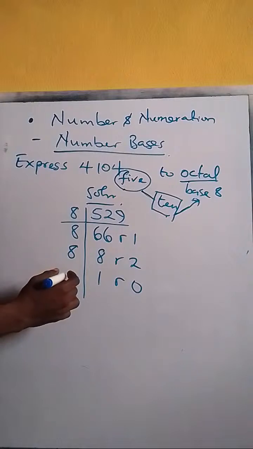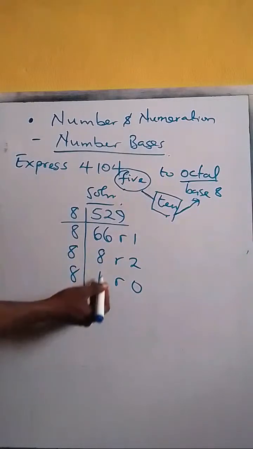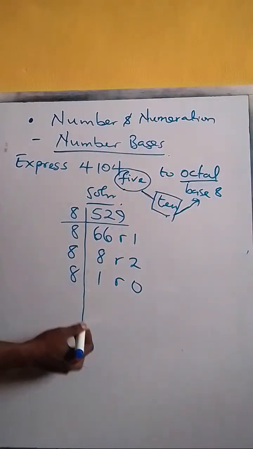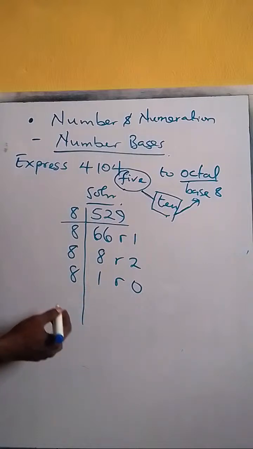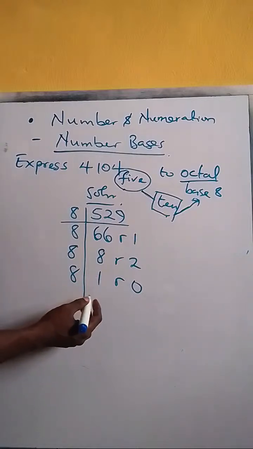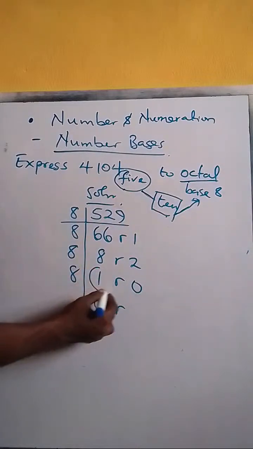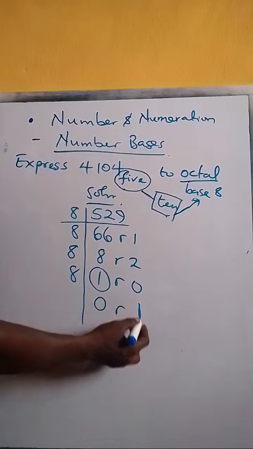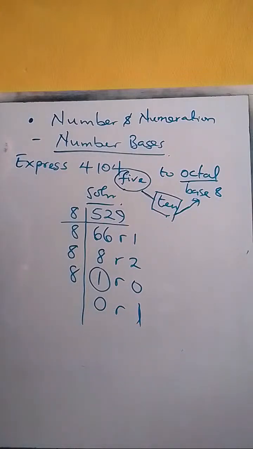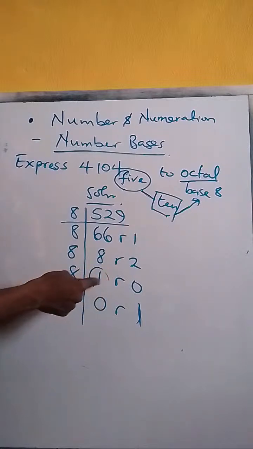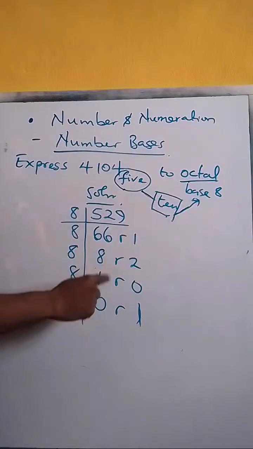Then we divide by 8 again until this place is 0. So you can't stop. 1 divided by 8 here is not possible. That will be 0, then remainder is what is here now, which is 1. So don't make a mistake. There's a situation whereby what is here is not necessarily 1, but 8 cannot go.